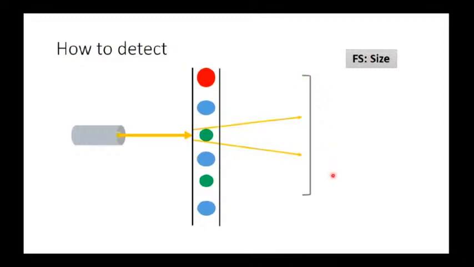Now, the detector detects the pulse of photons, which is the scattered light. And the detector, as I told you before, is connected to a PC or a computer. The PC will convert the intensity of the light detected by the detector into voltage. And then I will get a specific amount of voltage for every cell passing through the laser beam.